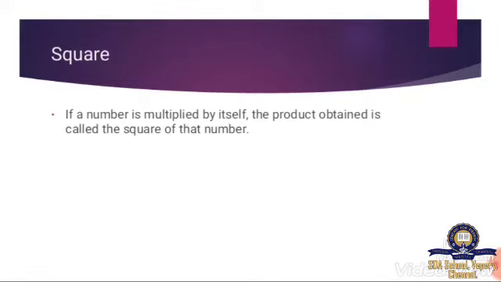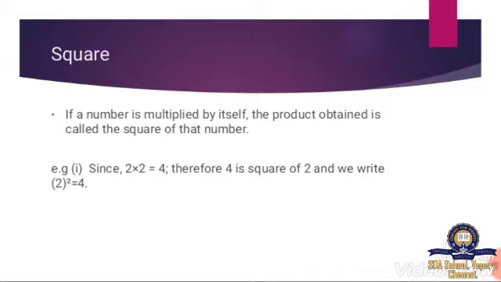Now let us recall a few things that we have learned already in the previous class. Can anyone say the definition of square? If a number is multiplied by itself, the product obtained is called the square of the number.